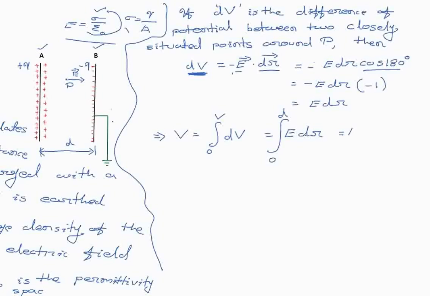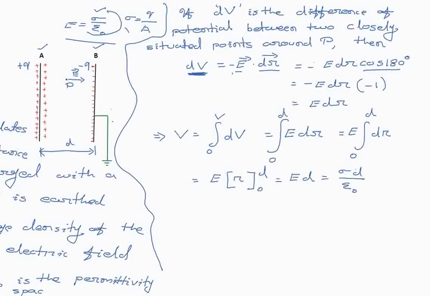So E, as it is a constant quantity, will come out of the integration, so 0 to d. So this is equal to E. Now integration of dr is equal to r, and the limit is 0 to d. So E into d. But already we know that E is sigma by epsilon naught. So sigma d divided by epsilon naught.